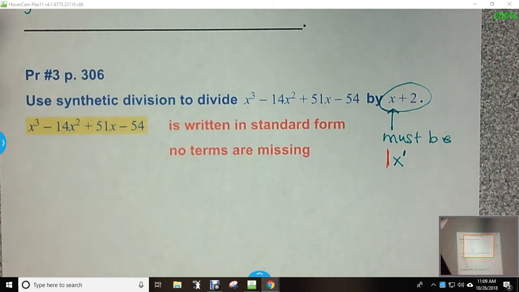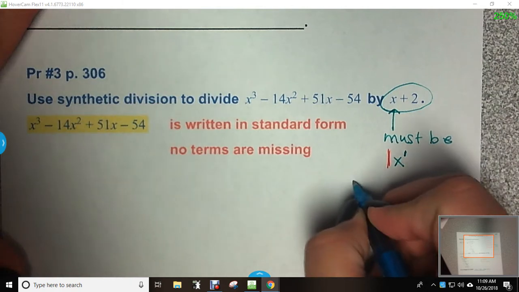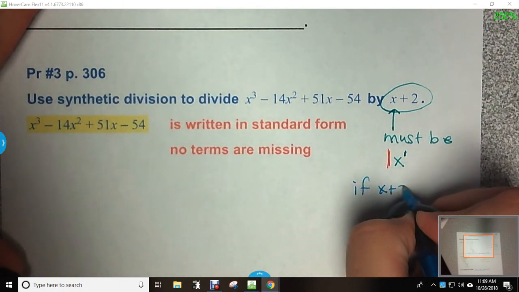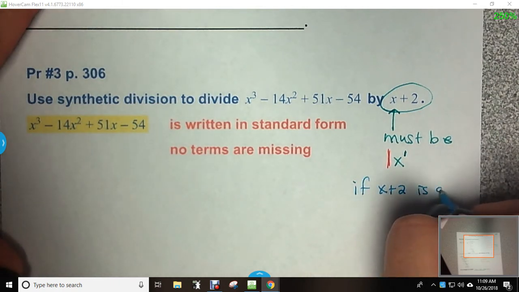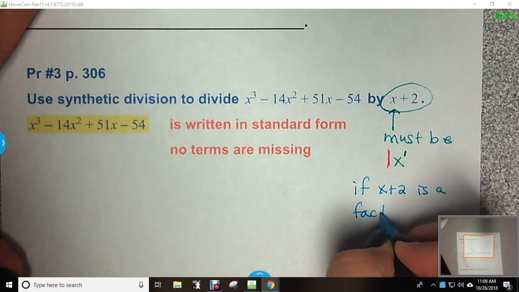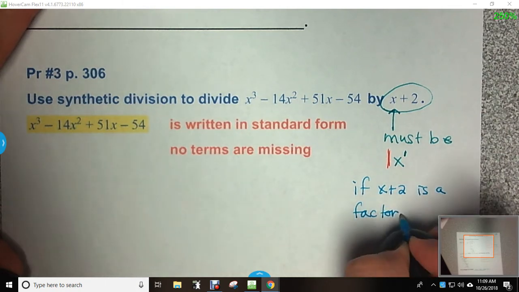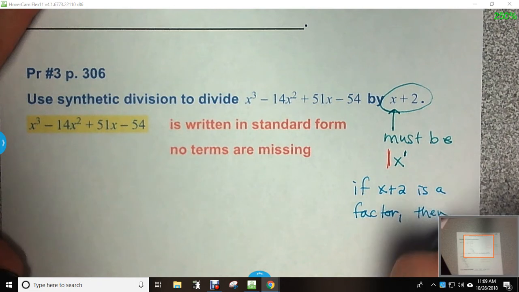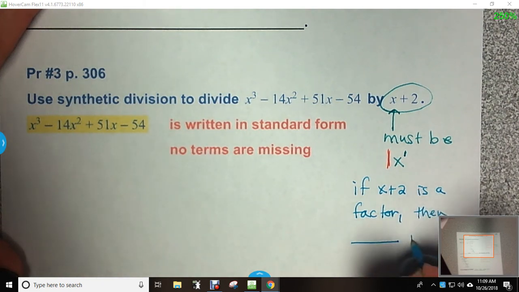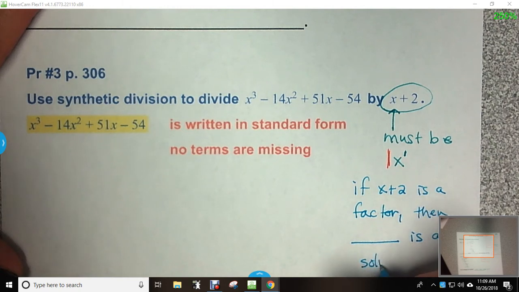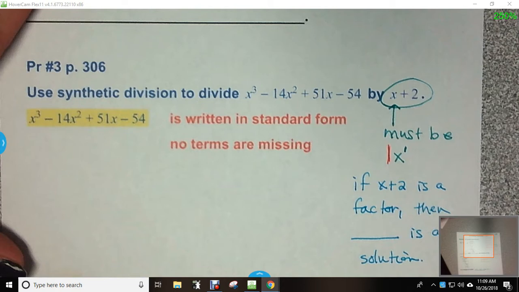So, here's what you've got to do. And like I told y'all a minute ago, the first time you see this, it's going to be really weird. So just bear with me. So, if x plus 2 is a factor, then blank is a root or a solution. Okay, what number goes here?